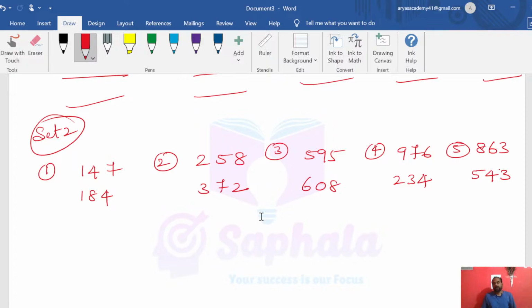Yes, for the second set also 30 seconds is over. Now, can you please mention in the comments this time how many you were able to solve out of the given 5 questions?